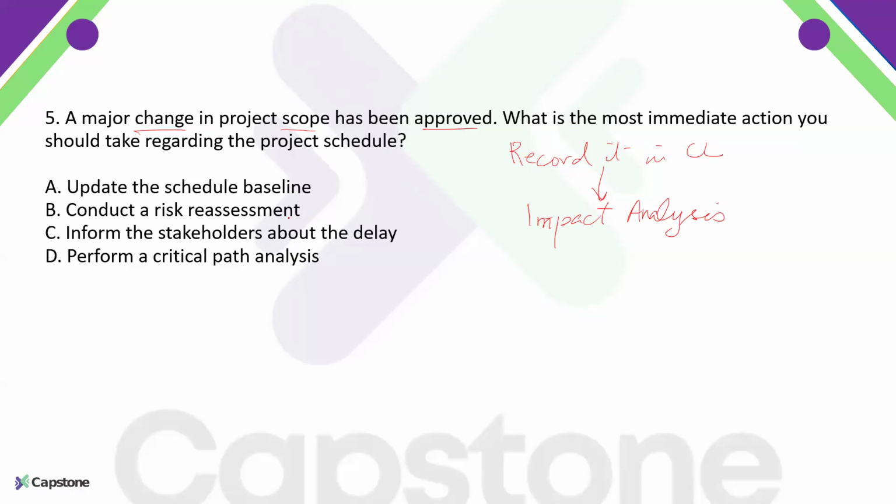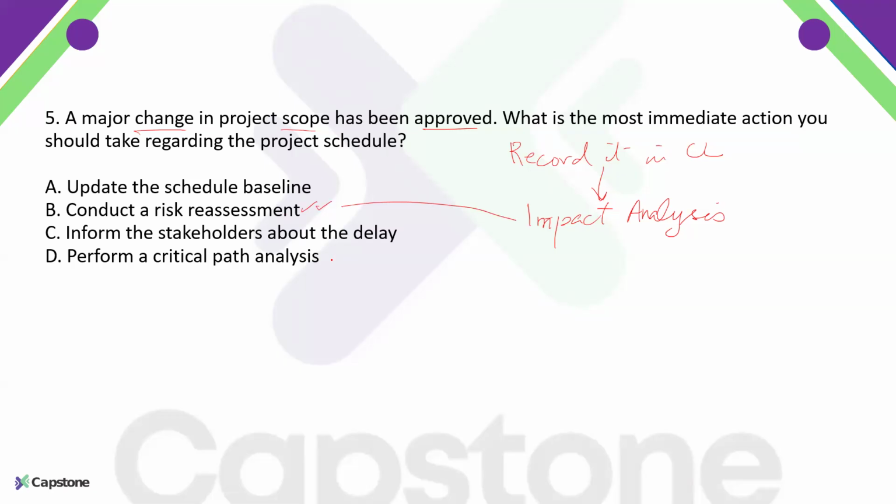So the impact analysis is not only done on the scope part, but on all the areas of the project. So we must assess how this change in scope will affect the risks related to the project. This is done as part of impact analysis.